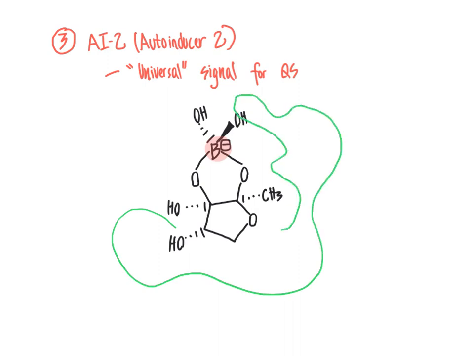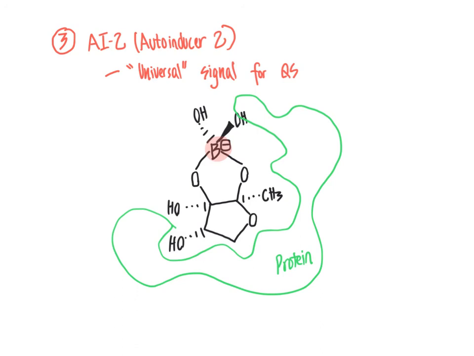So this is my lousy attempt at drawing a protein that receives this molecule. And so it was actually a co-crystal structure, meaning a crystal structure of multiple things, of the protein receptor that this autoinducer binds to, as well as the autoinducer. And so that study gave information about not only the structure of the protein that receives this signal, but also the structure of this chemical signal itself.